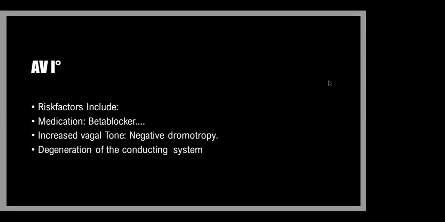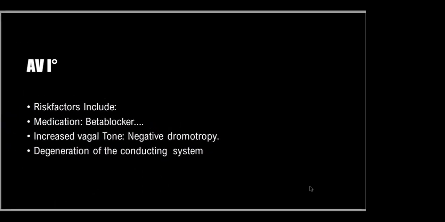When we talk about increased vagal tone, I believe we've all heard about the 10th cranial nerve, the vagus nerve, which is mostly parasympathetic. If you remember the physiology of the heart, the parasympathetic system is mainly active when we are resting and digesting. So an increased vagal tone affects the rate at which electrical impulses are transmitted from the atrium to the ventricle.